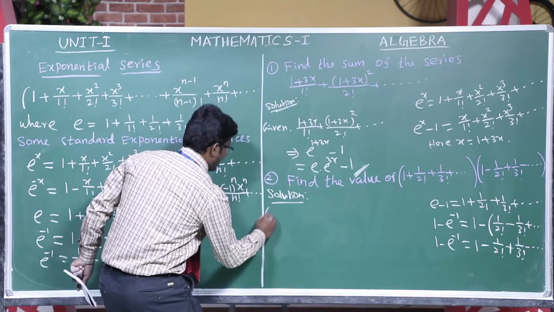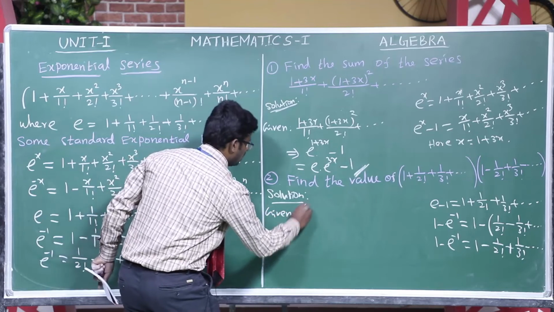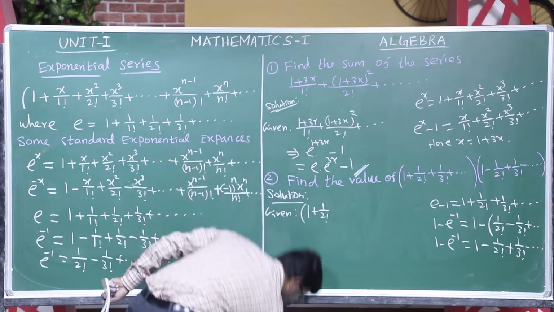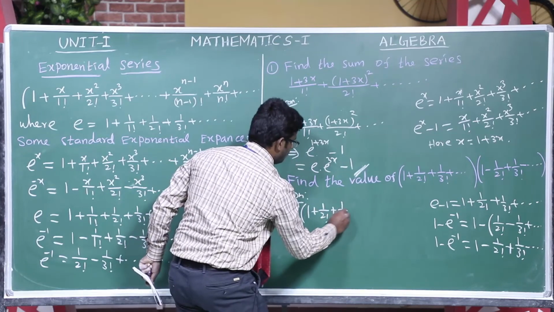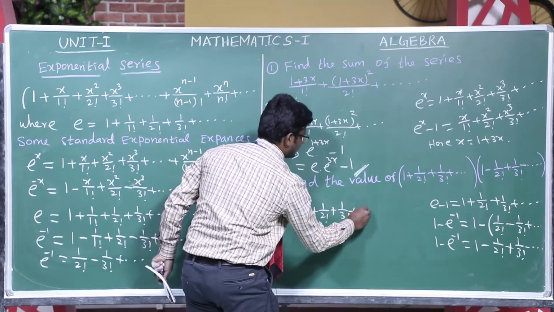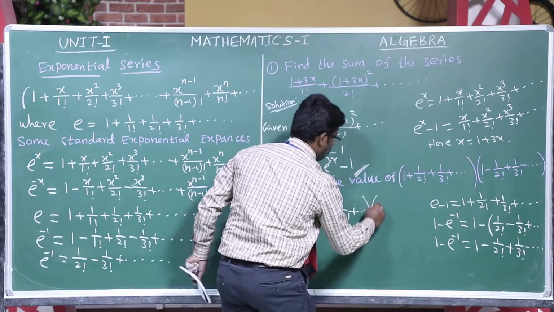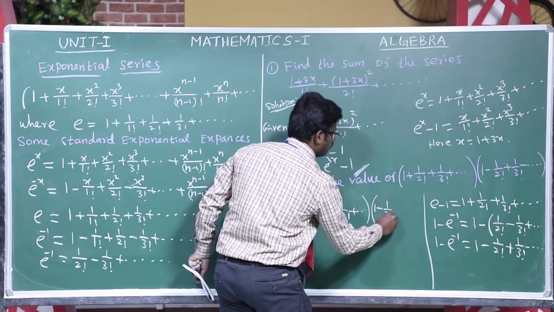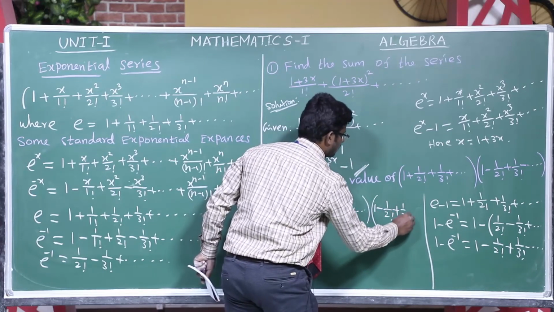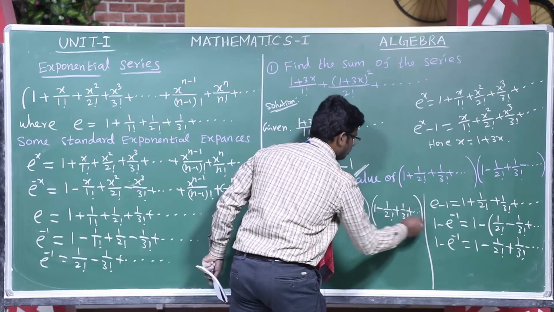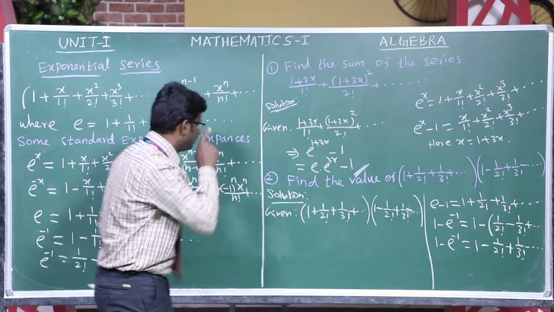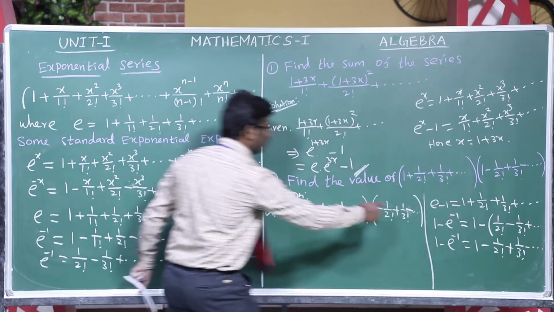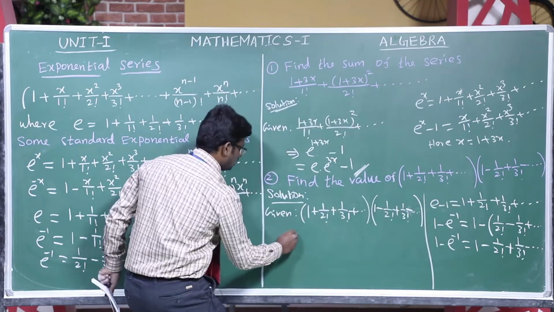Okay, the given is 1 plus 1 by 2 factorial plus 1 by 3 factorial plus etc. into 1 minus 1 by 2 factorial plus 1 by 3 factorial minus etc. We substitute: 1 plus 1 by 2 factorial plus 1 by 3 factorial up to etc. is e minus 1.